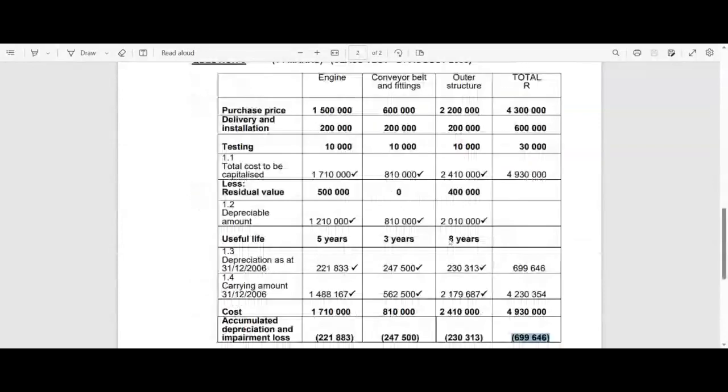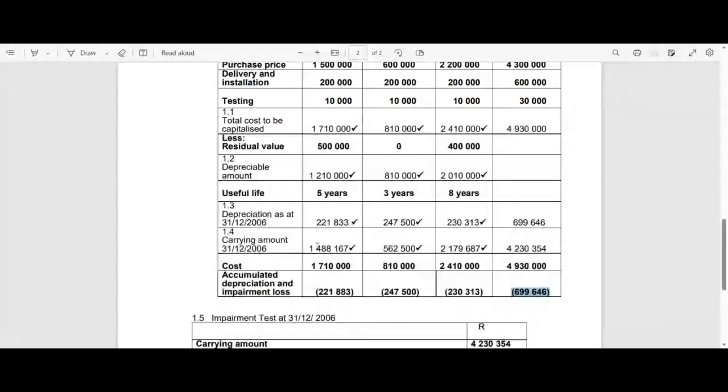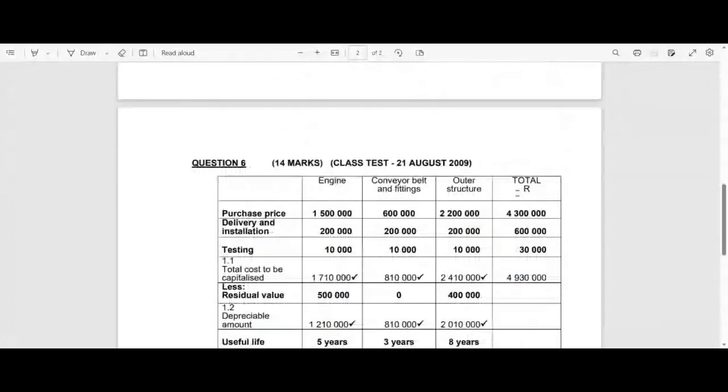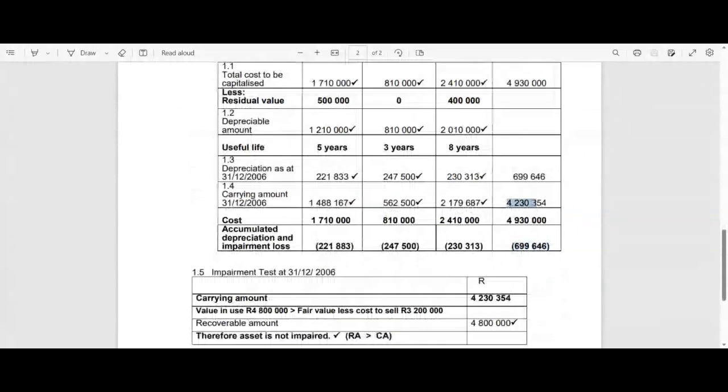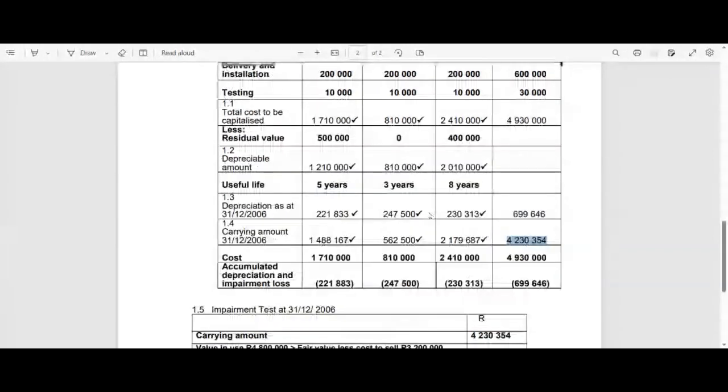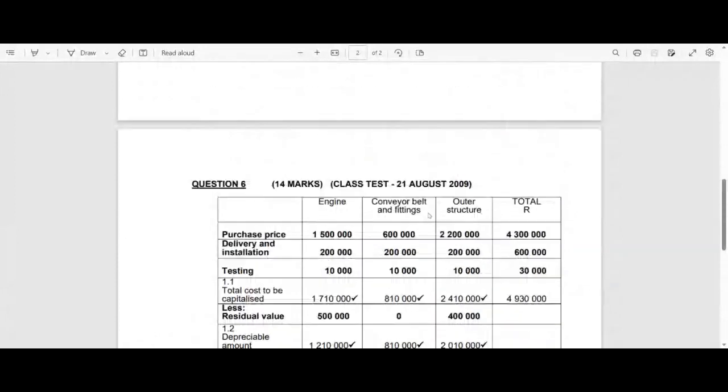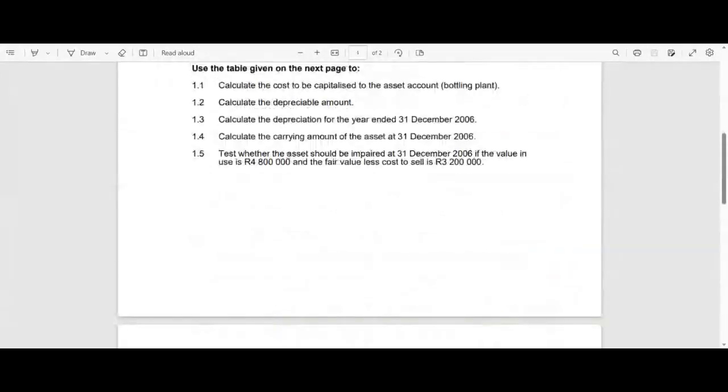So we saw that the carrying amount of this overall asset, which is our bottling plant, is 4,230,354 rands. Now we've got to compare that carrying amount with the recoverable amount. So let's see what they told us here in 1.5.